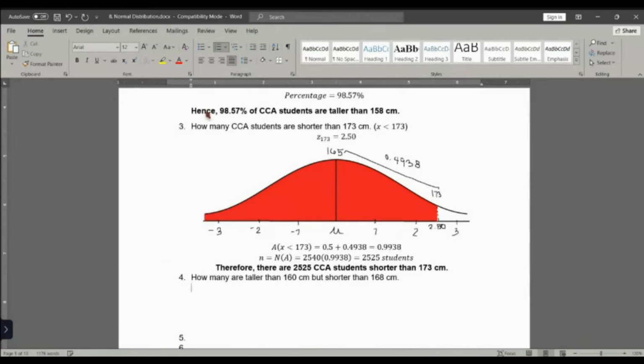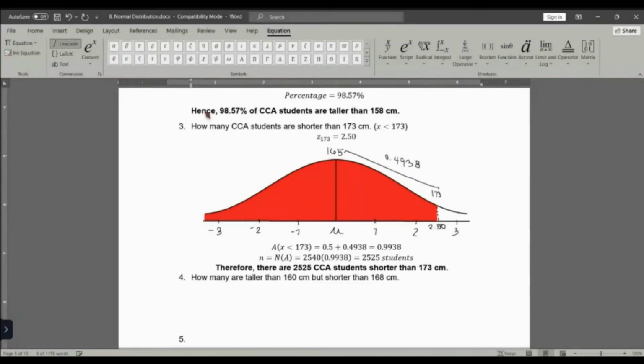I need the two z-scores. Let's start with 160. What is the z-score of 160? 1.56 po. 1.56. How about 168? 0.94 po.